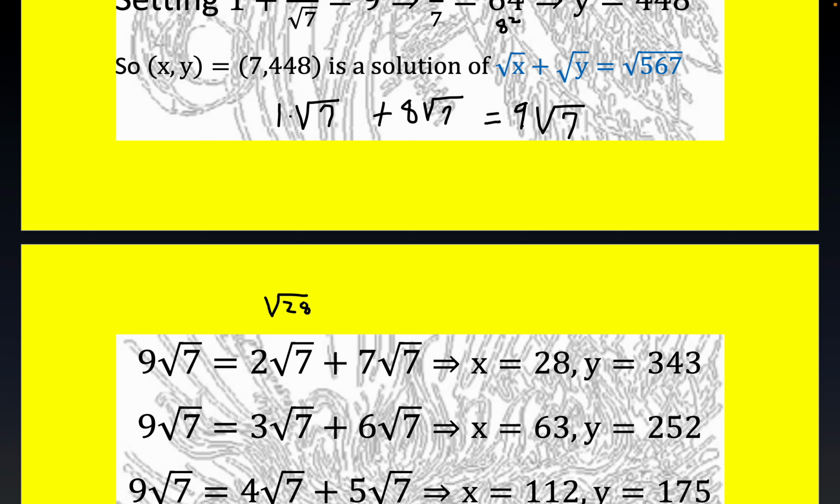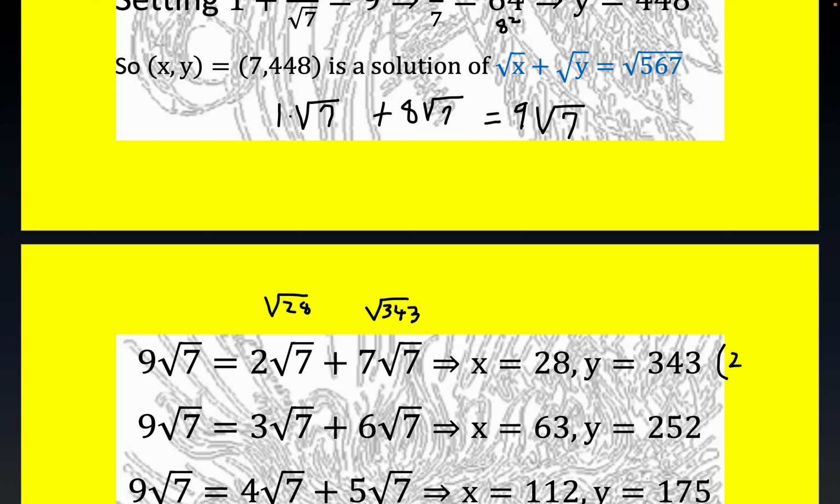Similarly, 7 root 7 corresponds to 343, so this piece is the square root of 343. You're working backwards, and it's easy to do these computations without writing too much down. So we found another solution, x equals 28.